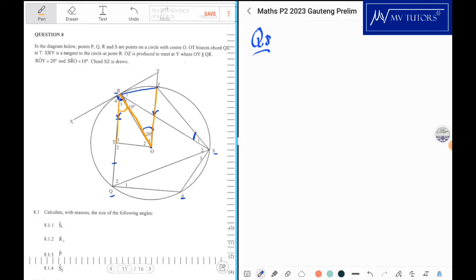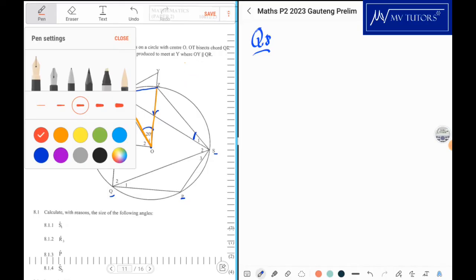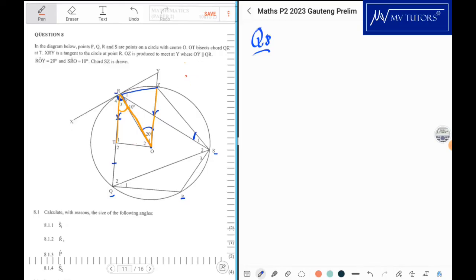Alright, so we know that R3 is equal to 20. Are they co-interior angles? Yes. So we can get a co-interior angle here. So you can get what Z is at that point. Or can we? But we don't know what R1 is, so that'll be a bit of a challenge.